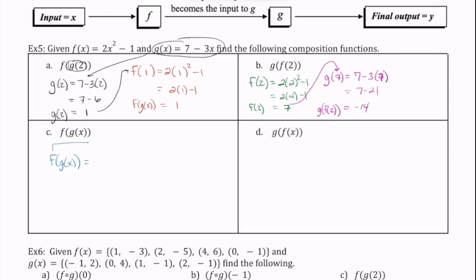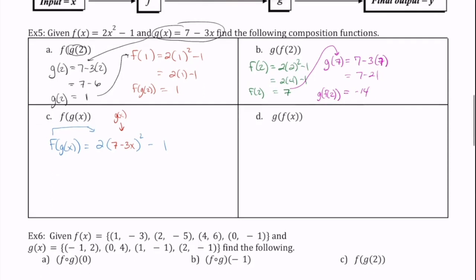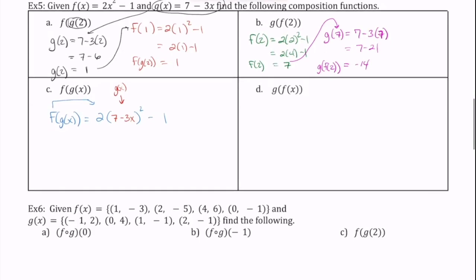So it's 2 times x squared minus 1. But in here, I'm going to put my g of x function. So I'm not putting just one number in here. My function g of x is 7 minus 3x. So 7 minus 3x is going in for x in the f of x function. And then that's it. And then you just simplify all this.